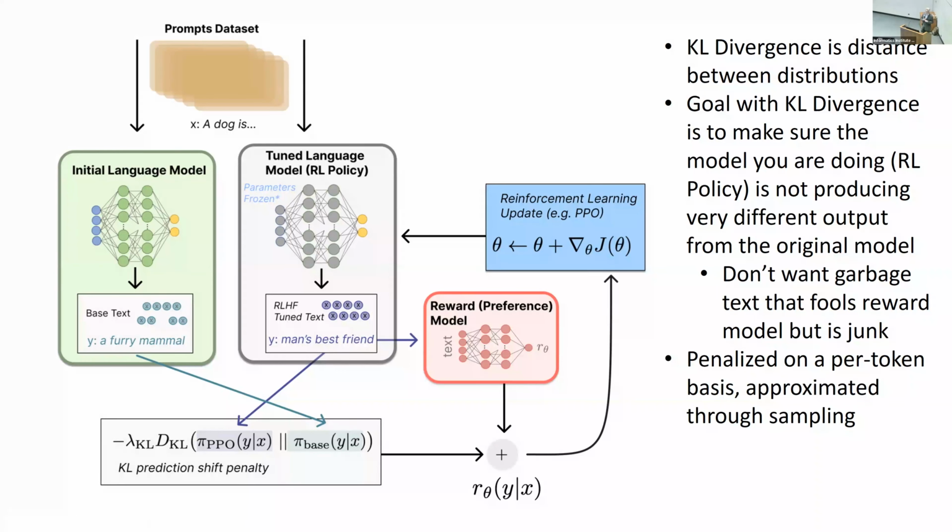And so the KL divergence is basically saying, I want you to do better with helpful, less toxic output, but I don't want you to change the model so much that you don't generate reasonable sentences anymore. And in InstructGPT, they actually add in the gradient from the initial language model as well when they do this updating. It's not really PPO, it's PPO PTX or something with the gradient in there.